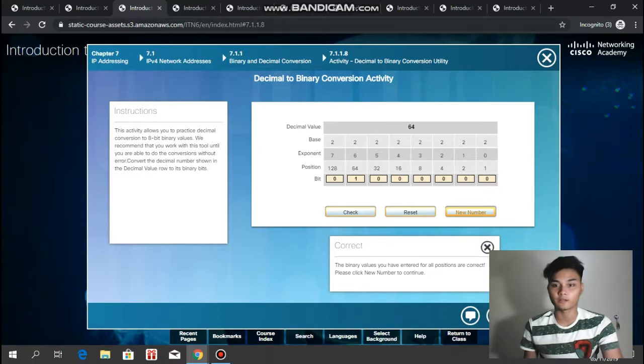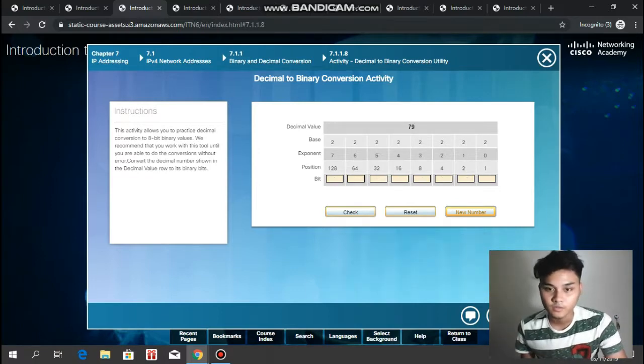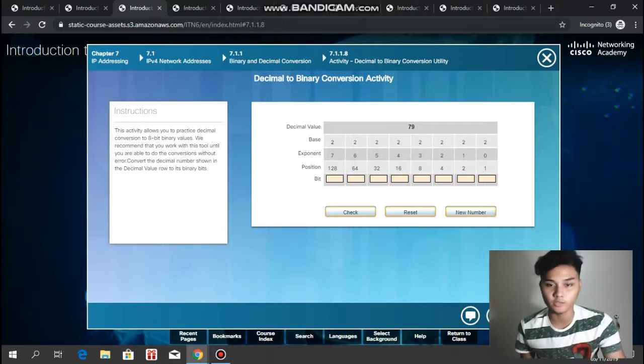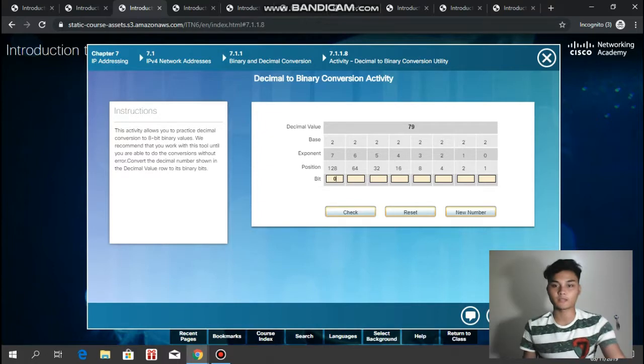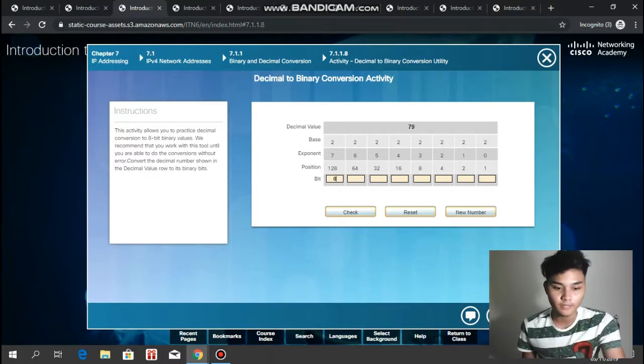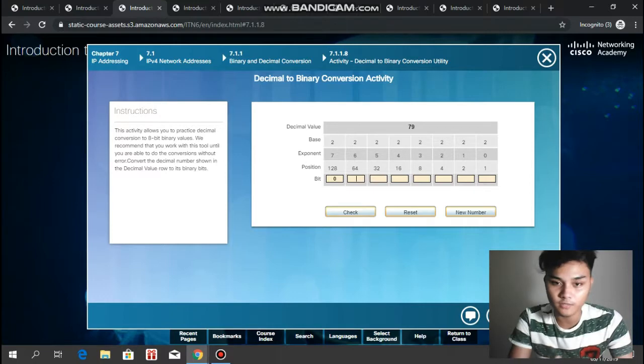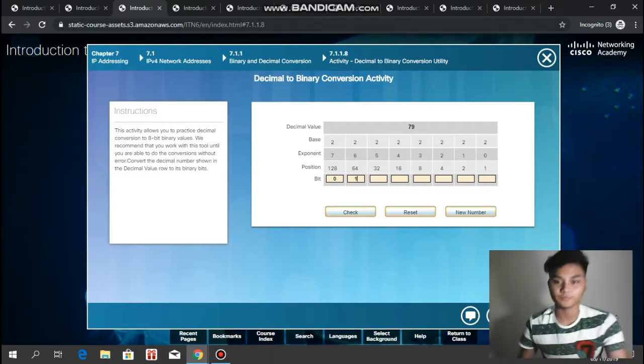For clarification, 79. So 79 is less than 128, so it means 0. So 79 minus 64 is 15. So we have to answer 1 for 64. The answer of 79 minus 64 is 15.